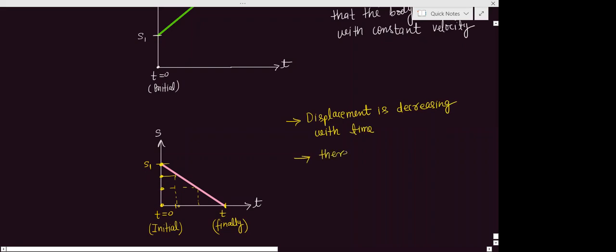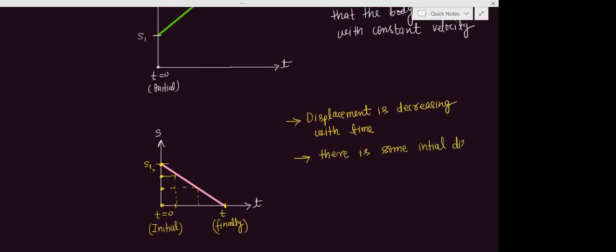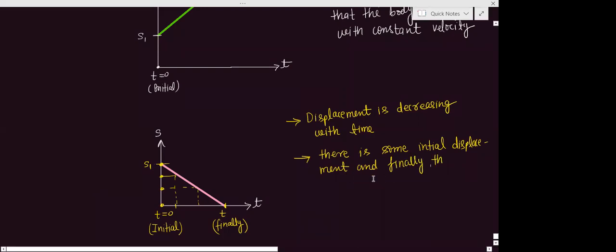There is some initial displacement, because at t is equal to 0 there is some initial displacement, and finally the displacement becomes 0. Here displacement is 0 or something else, as this is the final condition.